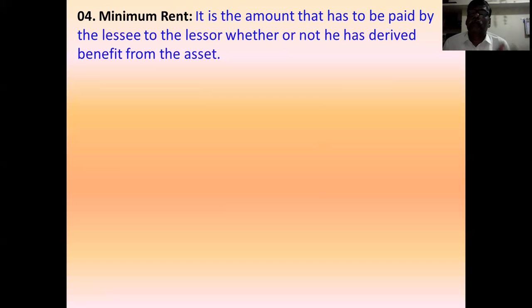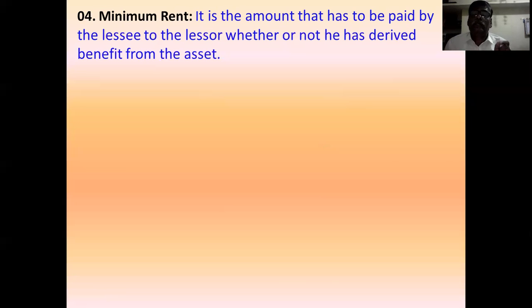What is minimum rent? Minimum rent is the amount that has to be paid by the lessee to the lessor, whether or not he has derived benefit from the asset. If the lessee has not derived the benefit from the asset, he has to pay the minimum amount.